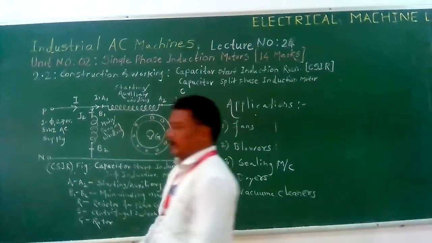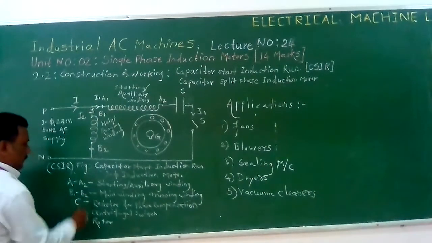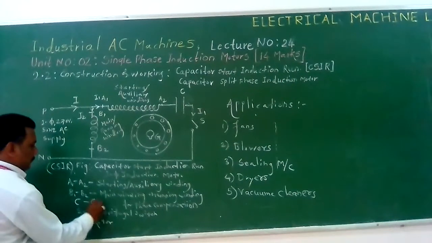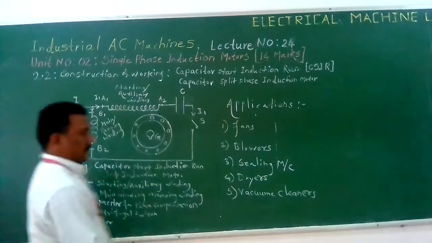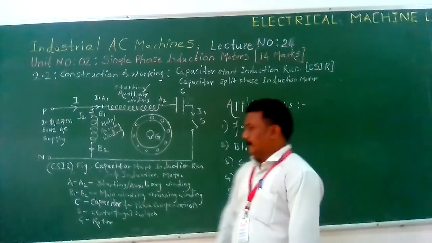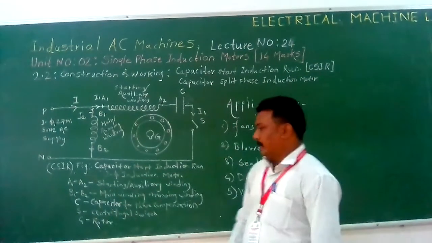Then here we are using C. C is a capacitor for phase compensation. Here we replace R by C, and it is a capacitor for phase compensation.